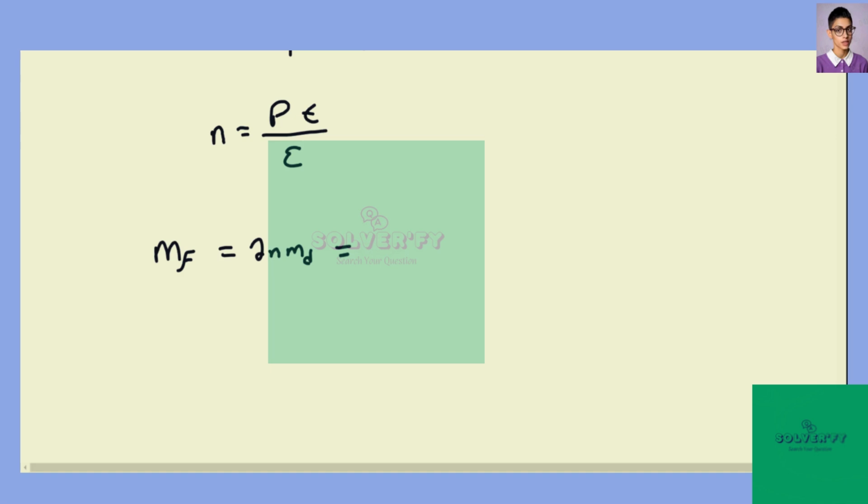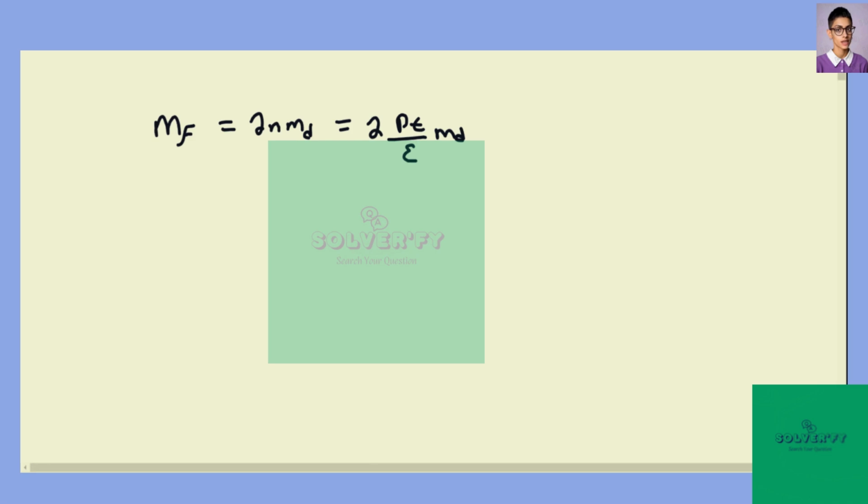We can plug this in, so we have 2PT over E times the mass of deuterium. Now I'm just going to plug in the information that we have.